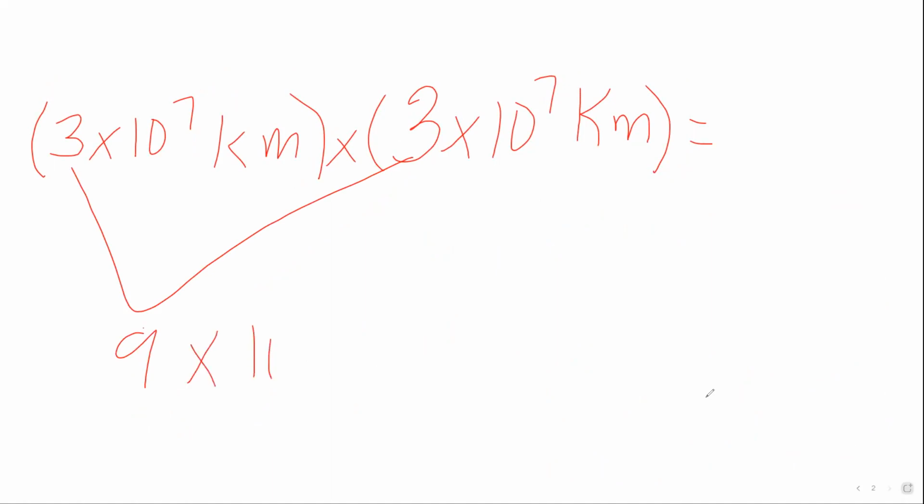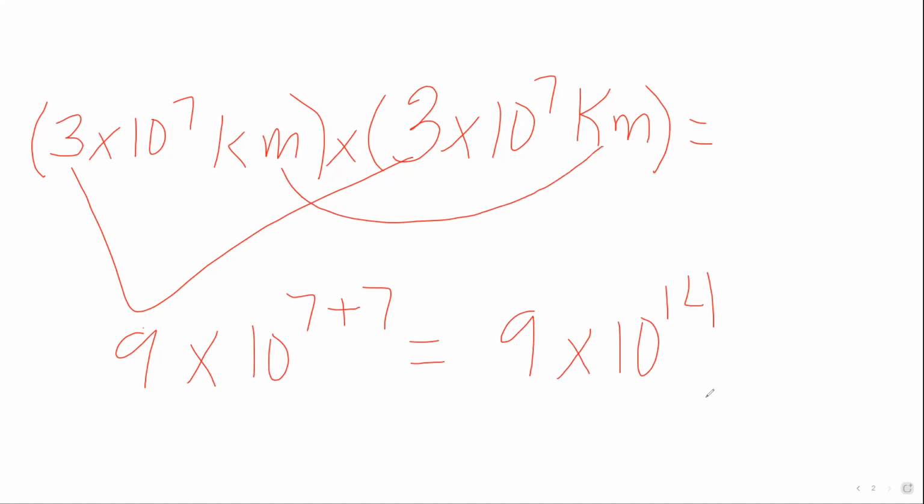And then we take the 7 and add it to the other 7. In this case, we are already in good scientific notation, so we don't need to do anything but add it. And we are also multiplying these. And when you multiply, you add exponents, and that's like saying kilometers to the 1 times kilometers to the 1. So it becomes kilometers, 1 plus 1 is 2, right? And there you go.